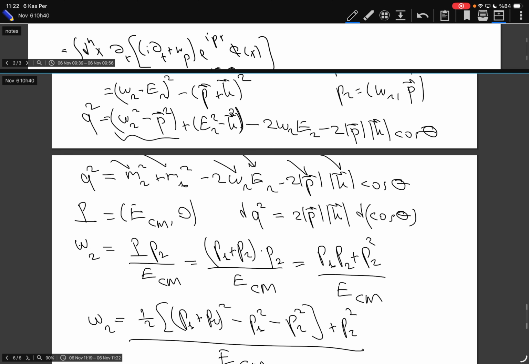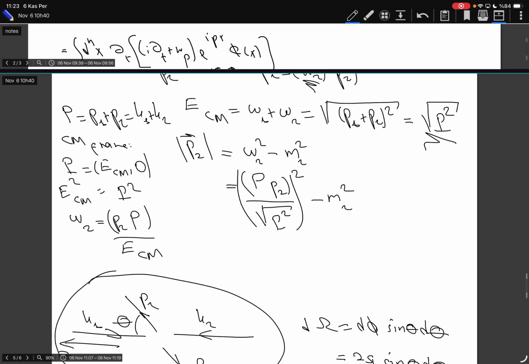And remember, d omega is 2 pi d cosine theta, which tells me that d omega is actually dQ squared times pi over pk. Again, I will not do the derivation, but basically I wanted to show that you can express everything in terms of Lorentz invariant quantities. The typical Lorentz invariant quantity that we use is the momentum transfer squared.